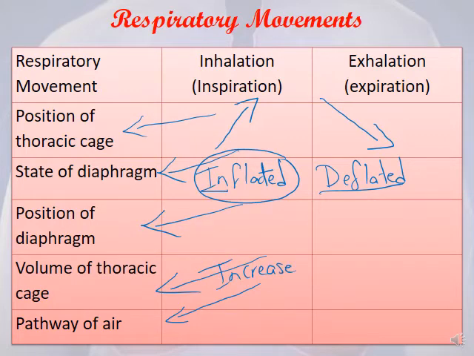The air will be inside the lungs, so they will increase. While during exhalation, we will get air outside, so the lungs will decrease inside. As for the pathway of air, during inhalation the air will go from outside, from the environment, to inside our body, while during exhalation it will be from inside to the outside.